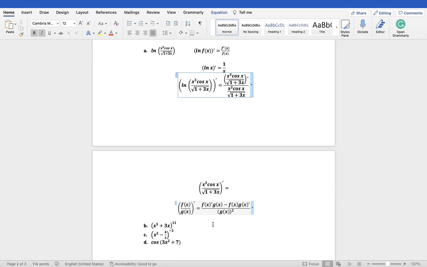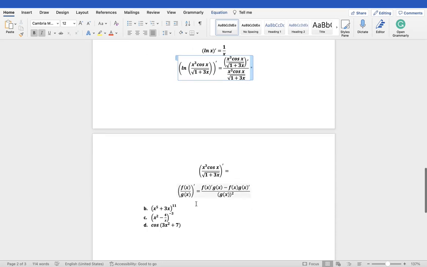Yeah, you can do that as well, but then you'll have to find the derivative of two ln functions. You can do that. That's the good thing about derivatives: there are multiple rules you can use to get to the same answer. Here we're just using one way.